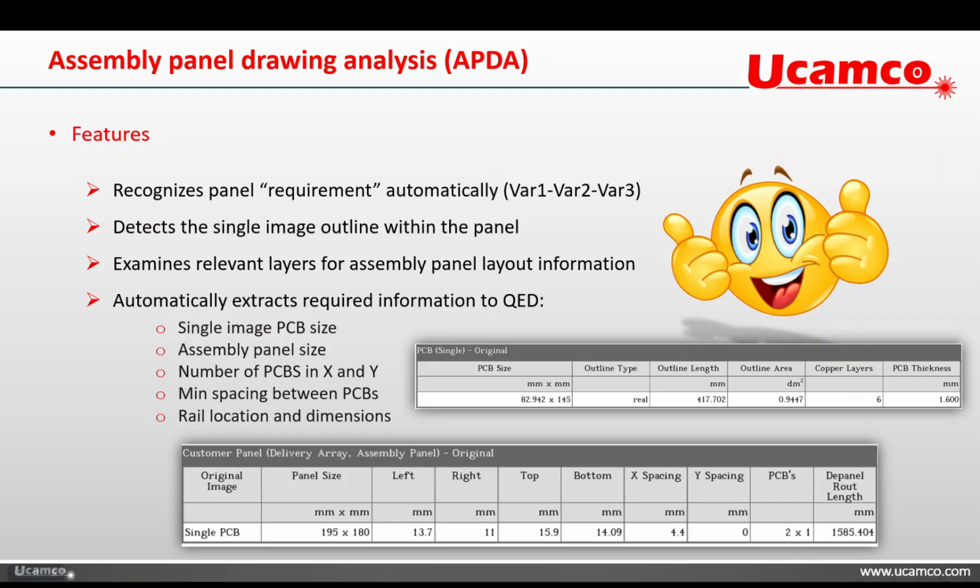It's basically the same information box that we use when an operator up until now has created an assembly panel manually using the size editor. So in this case, the module that detects all this information from the data automatically is just going to write back its information in the existing box.